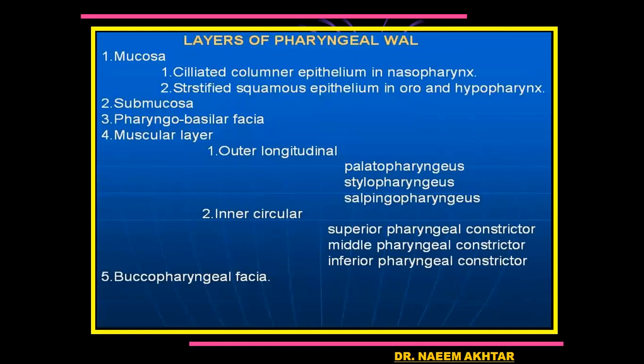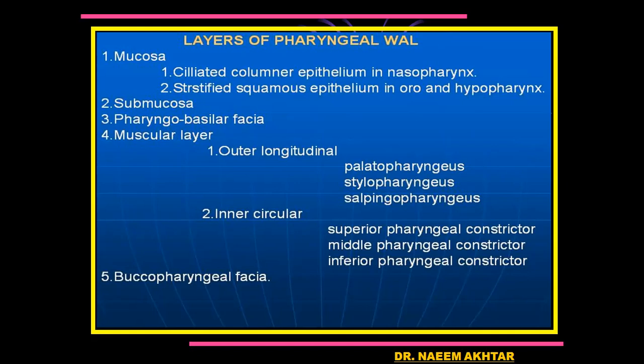Now the layers of the pharyngeal wall. The pharyngeal wall consists of the following layers from within outwards. The innermost layer of the pharyngeal wall is the mucosa, which is ciliated columnar epithelium in the nasopharynx and stratified squamous epithelium in the oropharynx and hypopharynx.